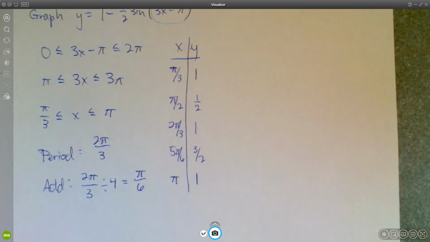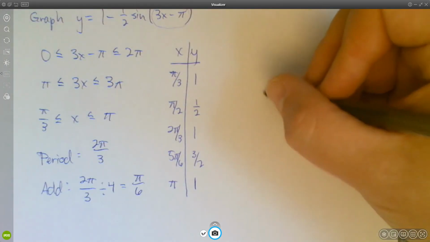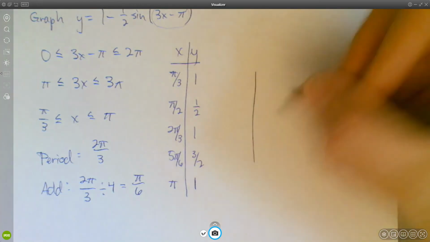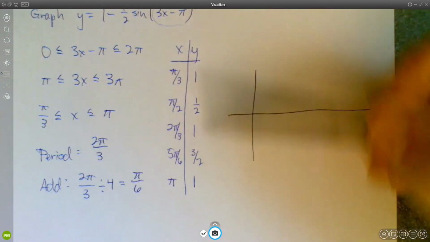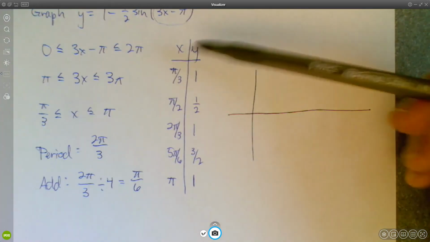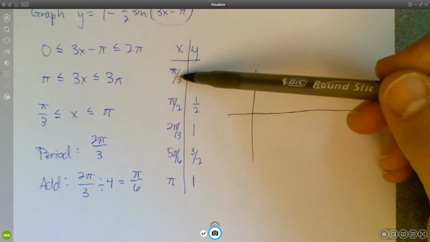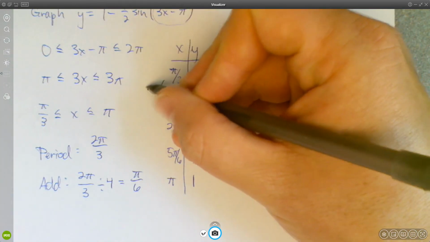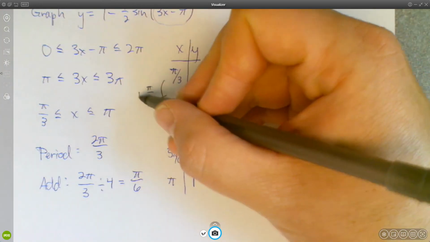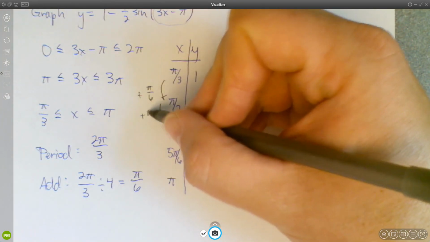Okay, so let's graph that sine function. Now it's been a while since we've done some kind of tricky work here, but the distance between pi over 3 and pi over 2 should only be pi over 6, right? Because that's what we were adding each time.